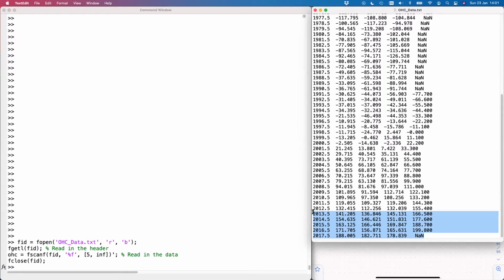So I'm just going to use for now the data up to 2012 and leave out these last 5 measurements. So there are 63 years worth of data here.